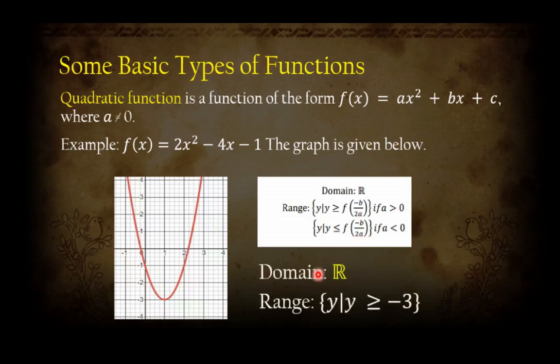In this graph, the domain is all real numbers. So, ibig sabihin, kasama lahat ng numbers sa horizontal axis. And the range is y such that y is greater than or equal to negative 3. From the graph, makikita naman natin na ang mga y or range natin ay pwedeng kasama si negative 3 papunta sa pinakataas ng ating graph. Diba?